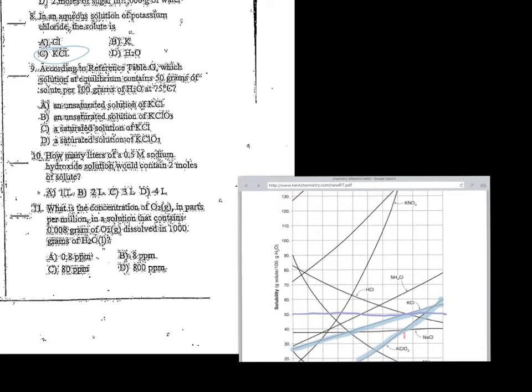So 50 grams, let's use this one. 50 grams is below the KCl point, and then potassium chlorate, 50 grams is, whoa, 50 grams is actually way above it.